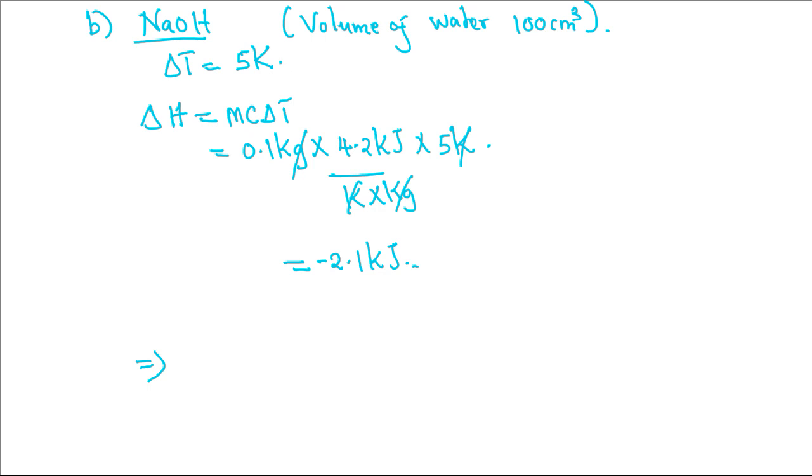Now, after obtaining the delta H, that is the enthalpy change, let us go ahead and determine molar enthalpy change, by simply starting with the calculation of moles of sodium hydroxide, that is 2 out of 40, giving 0.05 mole.